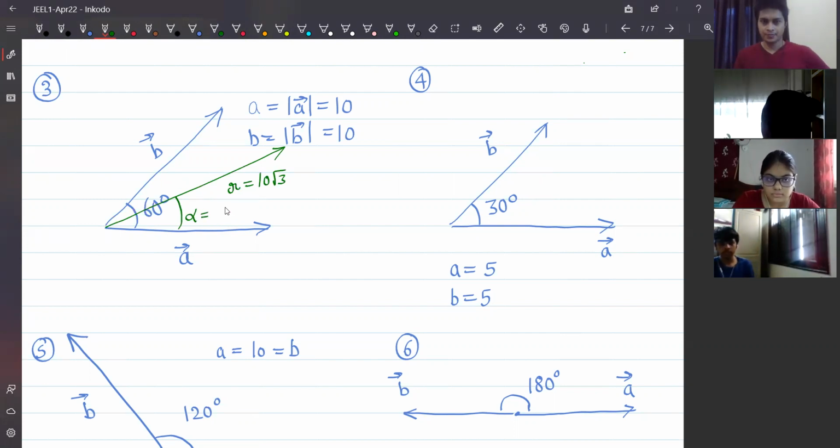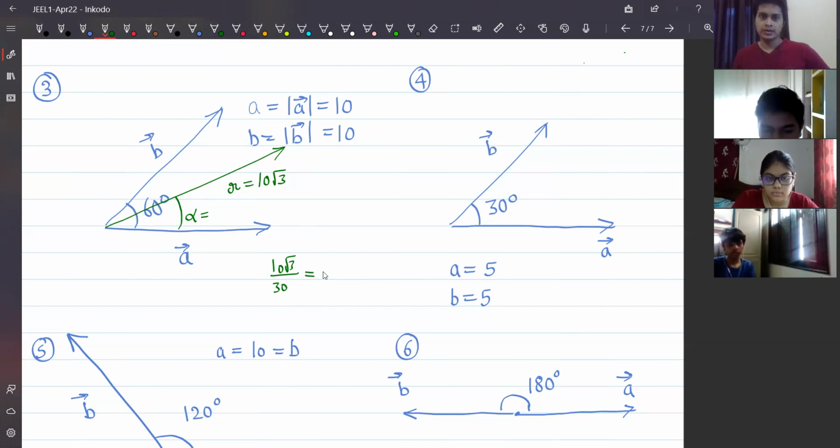Sir, it's 10 into 3 root 3 upon 2 divided by 15. Okay, so 10 into root 3 divided by 30. 2 into 15 will be 30, na? Yes, sir. So that is root 3 by 3, that is 1 by root 3. That is 30 degrees.